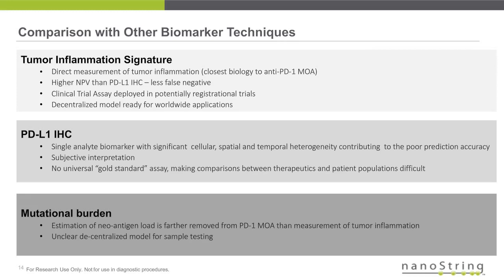In addition to variations intrinsic to the biology of PD-1 expression, since this is an immunohistochemistry assay, it's relying upon, at the end of the day, a subjective interpretation of that test to appropriately assign the patient to a given score and then potentially a given therapeutic course of treatment.